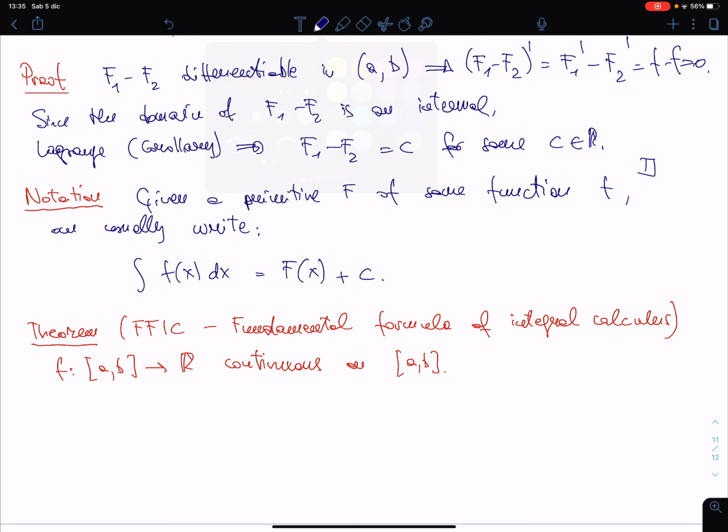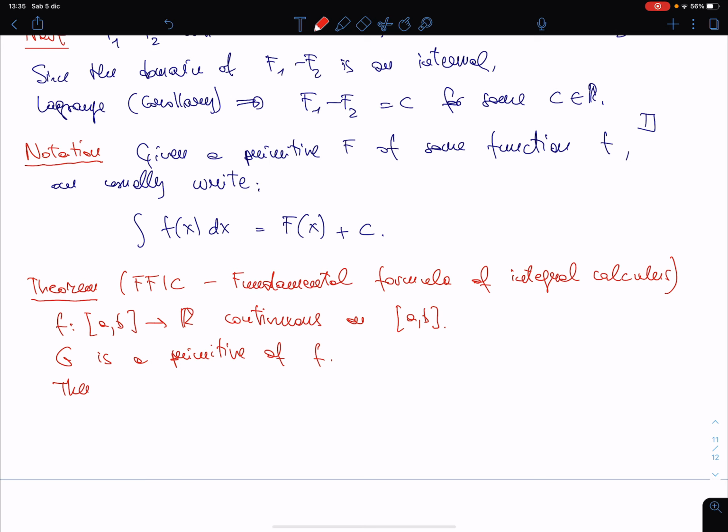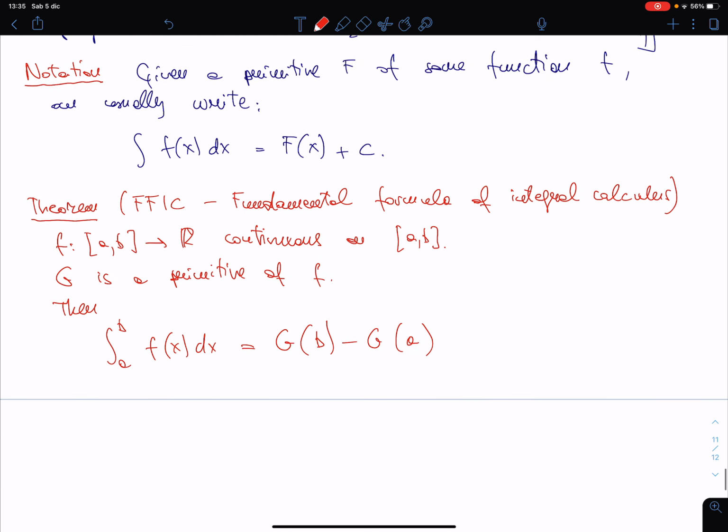Then, and you have, capital G is a primitive, an arbitrary primitive of small f, then the integral between a and b of f, so what we wanted to compute since some weeks, is equal to the difference of the values of the primitive in the extremes of integration, the extremes of the interval, G of b minus G of a. Proof.